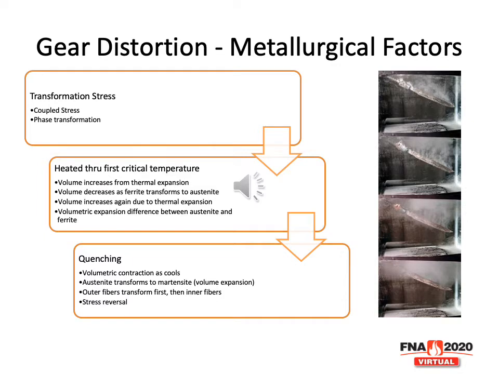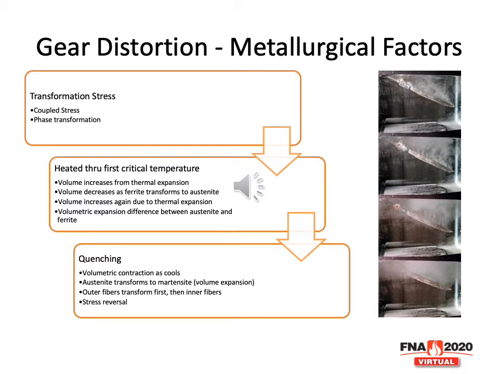Now, when I quench the part, I get a volumetric contraction as it cools. I then get the austenite transformation to martensite, which is a volume expansion up to 3%. Typically, the outer fibers will transform first, then the inner fibers. This can be different if it's a carburized part, where my inner fibers will transform first and then the outer fibers. This can also contribute to a stress reversal.